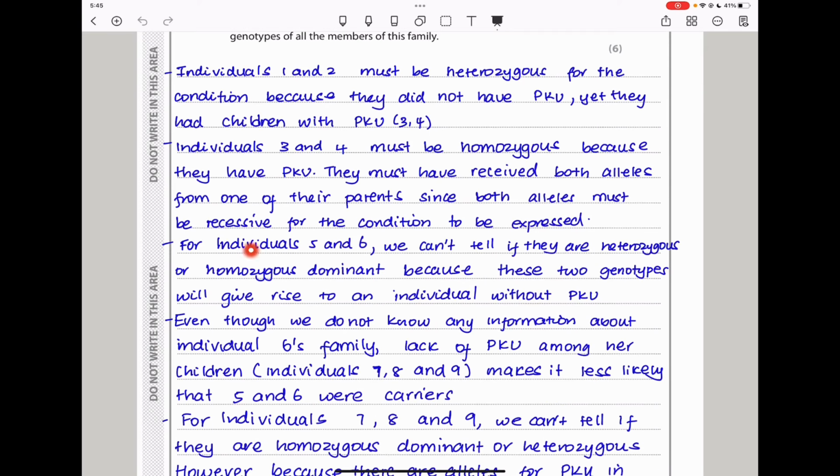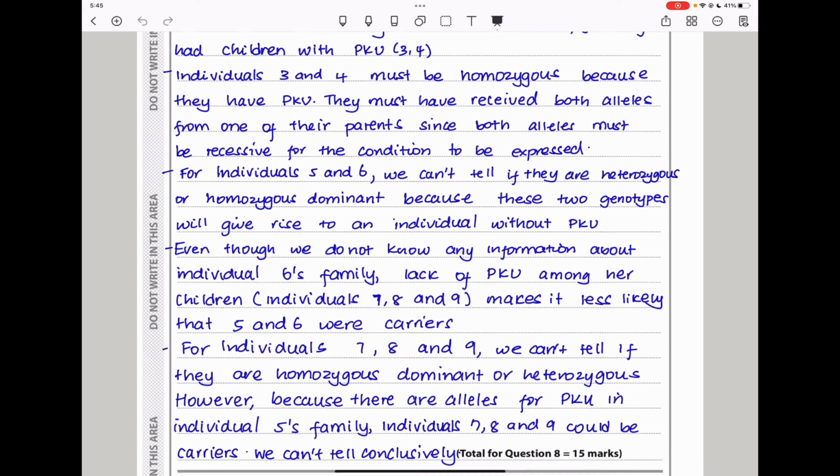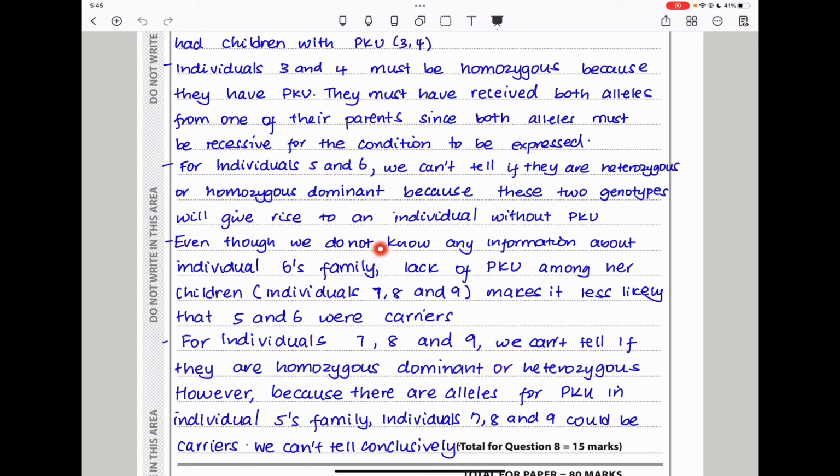Now, for individual 5 and 6, we cannot tell if they are heterozygous or homozygous dominant because these two genotypes will give rise to an individual without PKU phenotypically. Also, even though we do not know any information about individual 6's family, lack of PKU among her children, who are individuals 7, 8, and 9, makes it less likely that 5 and 6 were carriers.